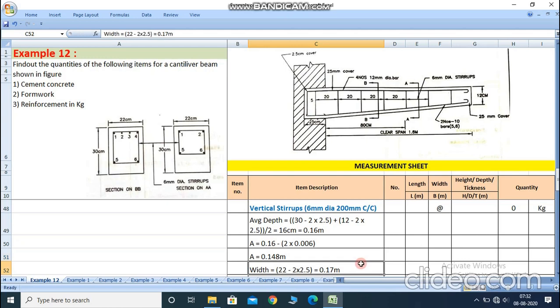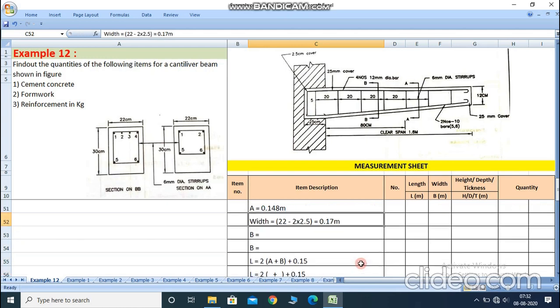Similarly, width is 22 centimeter. This width 22 centimeter minus 2 times cover at here and at here. So 2 multiplied by 2.5, multiplied by 0.025, and 22 centimeter converted to meter 0.22.